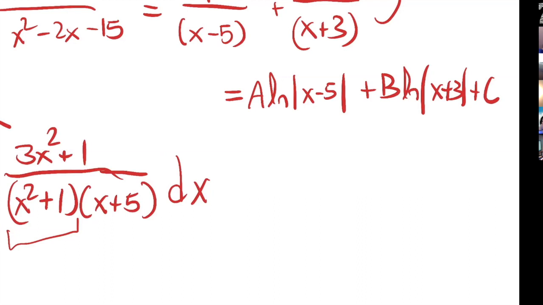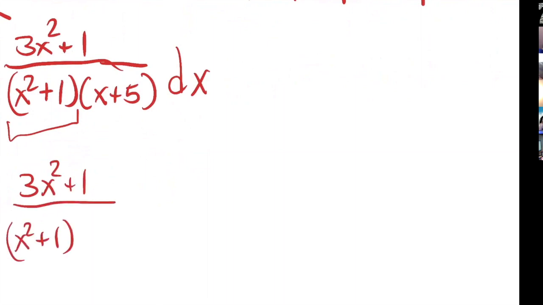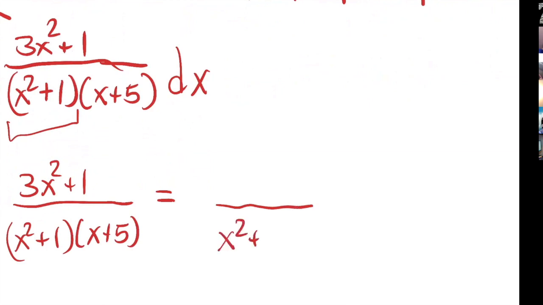So we're not thinking about complex numbers now. And so when you have a case like this, it's the same idea, and that we're going to break it up into a sum of two fractions for each of these factors.